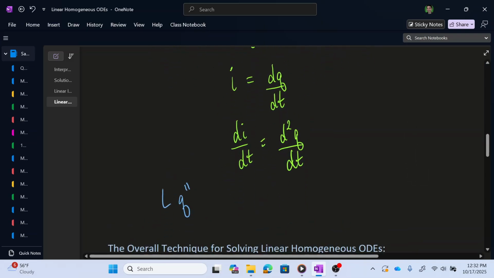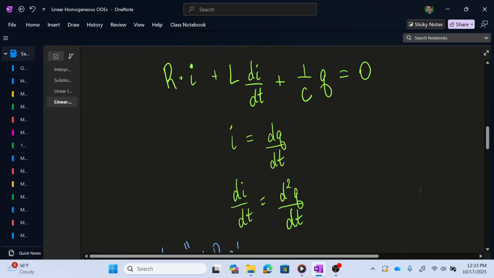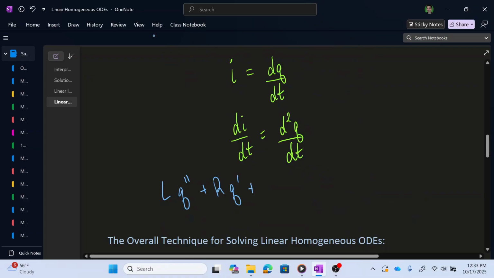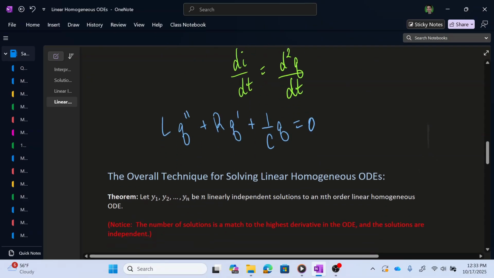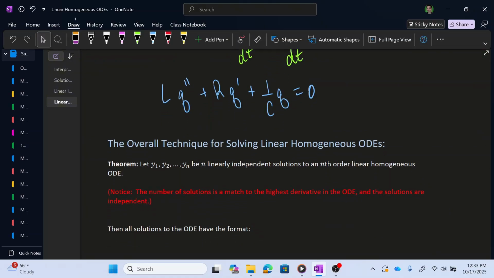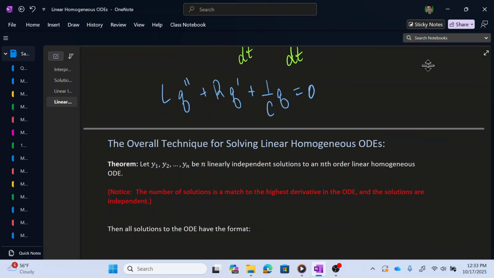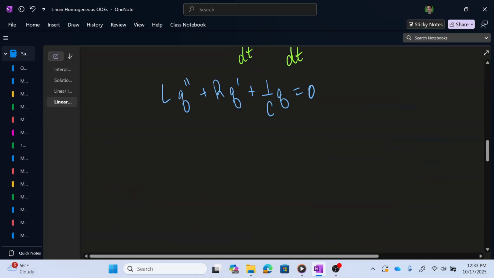R times I becomes R times the first derivative of charge. And 1 over C times Q just stays put. That's equal to 0.